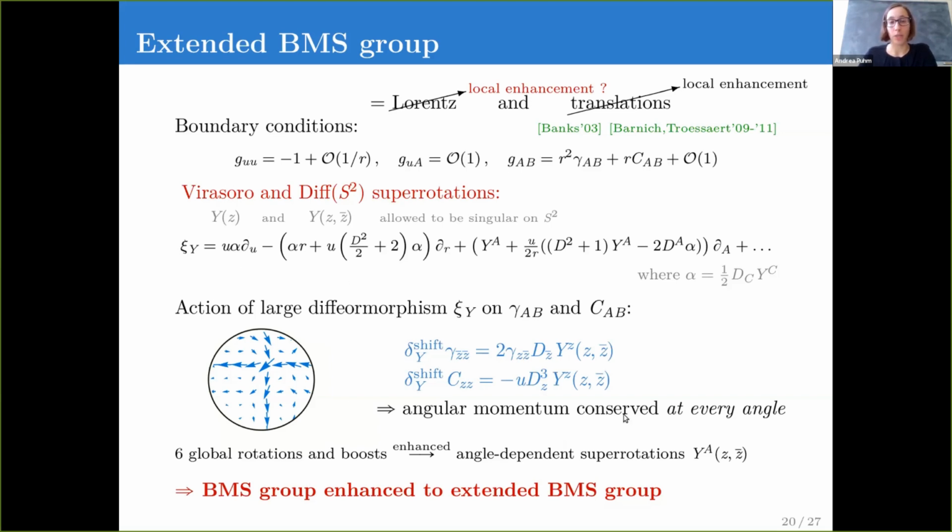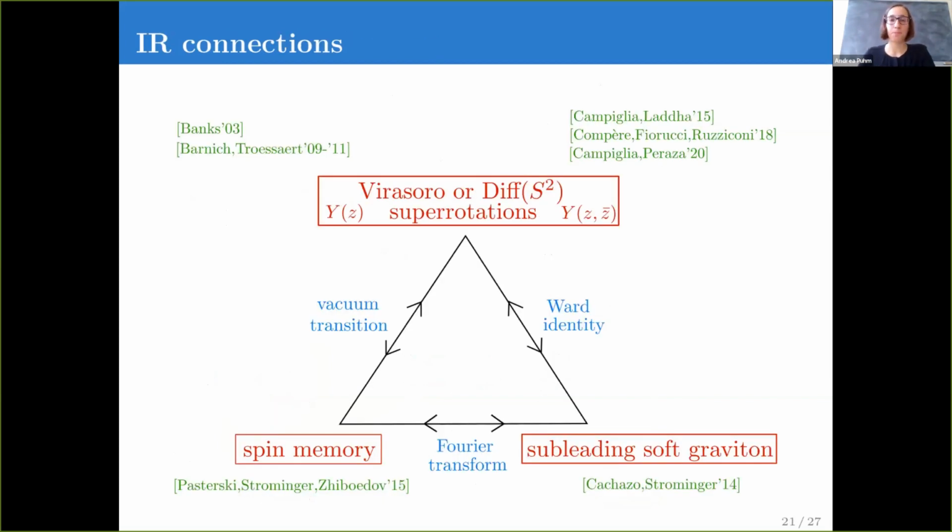So in other words, the physical effect of adding these diffeomorphisms is that angular momentum is now conserved at every angle.